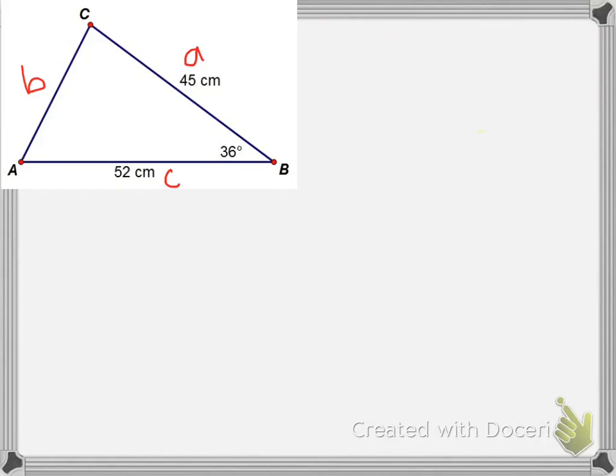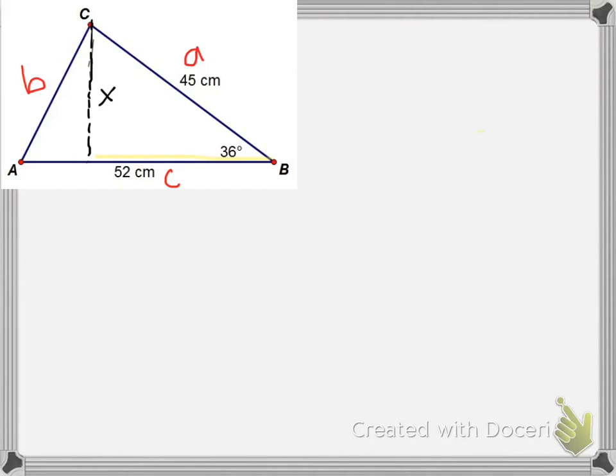What I might have to do is drop a height down here. So I dropped the altitude here, and I'll call it x. If I can figure out x, then I can figure out this length right here.